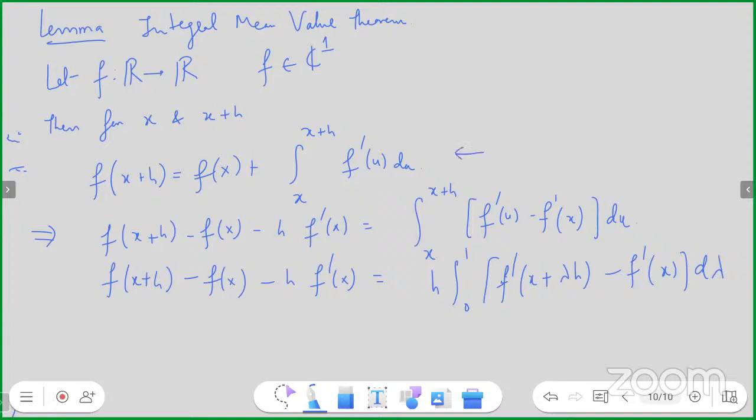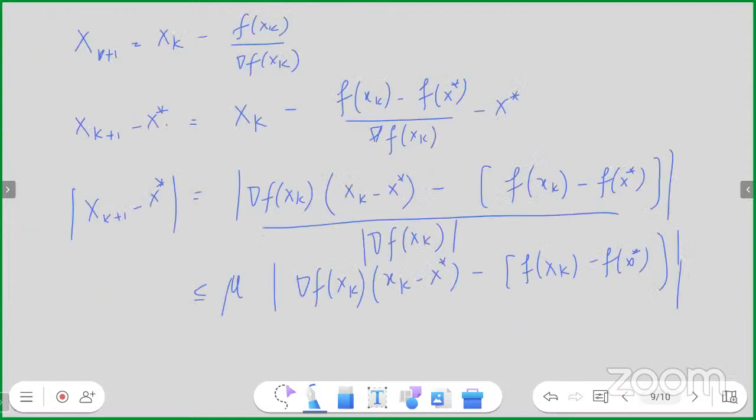Okay, so now given that we have it, how do I use this? So look at what I want. I want to control f of xk minus f of x star in terms of del f of xk times xk minus x star. So I just wrote the final form, which is what I'm going to use here.